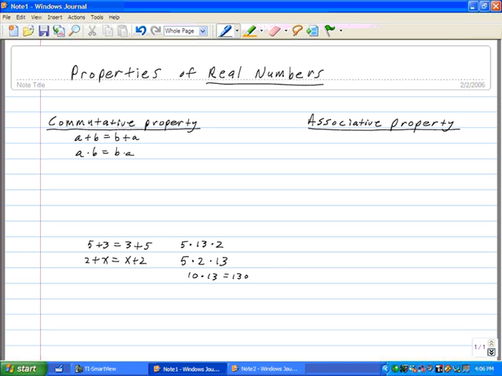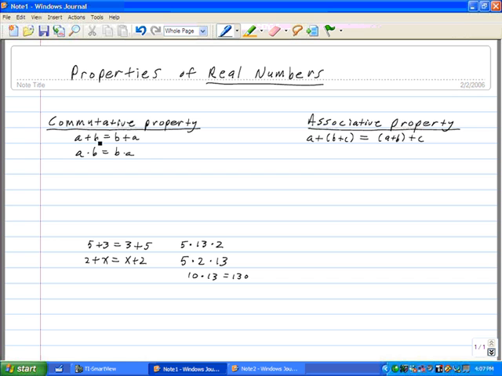So the property can be used to rearrange addition and to rearrange multiplication, to make those operations a little bit easier. Our associative property deals more with 3 values, 3 real numbers, as opposed to 2. Our associative property for addition says that A plus the quantity B plus C is equal to the quantity A plus B, plus C. Now note the difference between the commutative and the associative as to how we tell them apart.